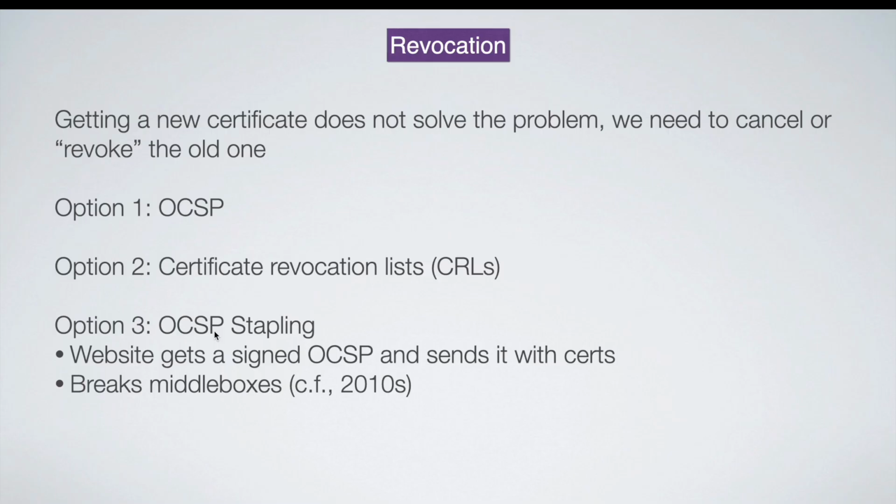They would hit this field. It was unexpected. They weren't expecting to see anything there. And then they would break, like they would drop the packet or it would cause problems for the machine. I'm not sure exactly what the issue was. But anyway, this happened enough that it wasn't deemed reliable to do this OCSP stapling, because there was no guarantee that there wouldn't be a middlebox somewhere.